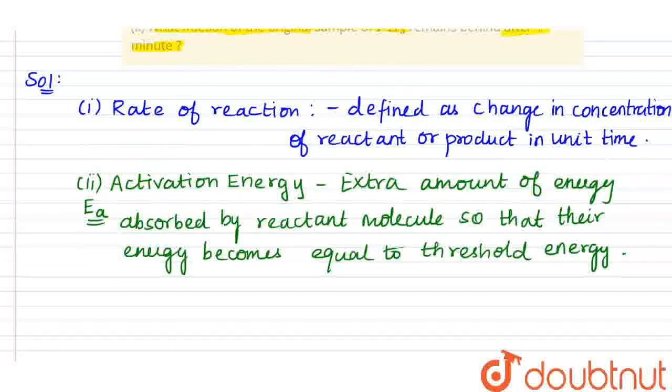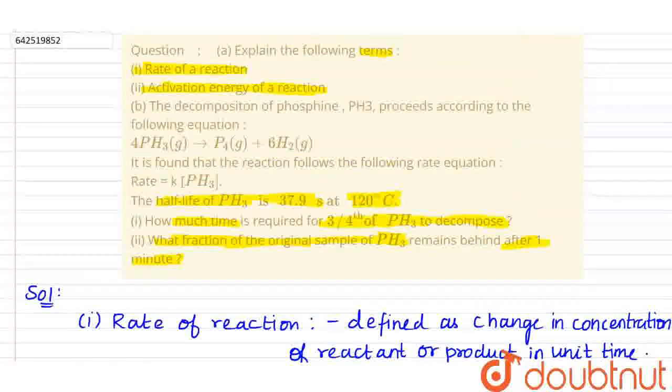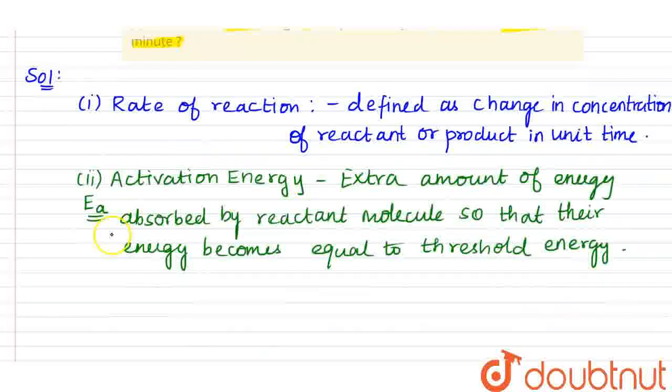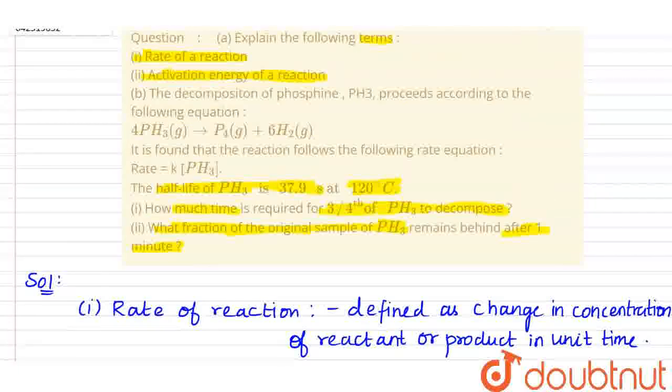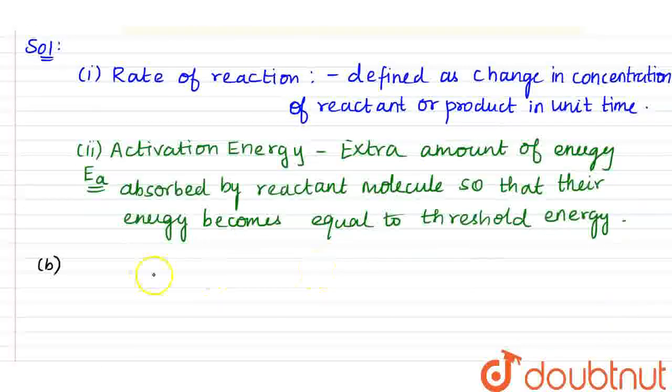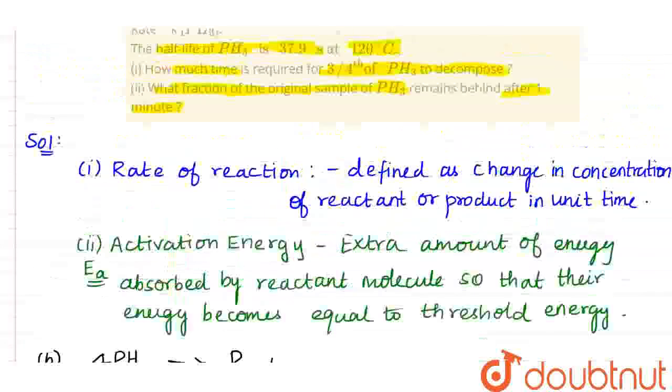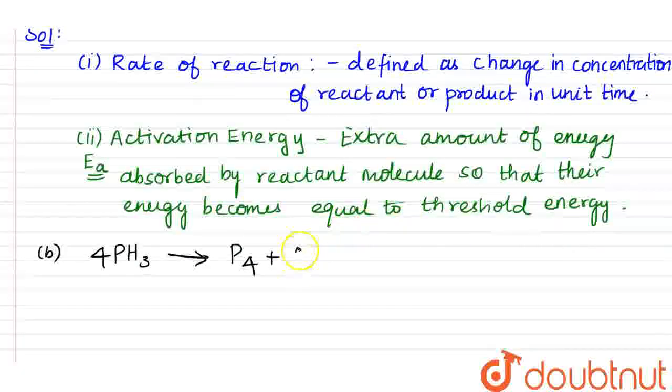Okay, so let's come to the second part. The decomposition of phosphine. Let us write the equation first. So 4 PH3 reacts to give P4 and 6 H2.